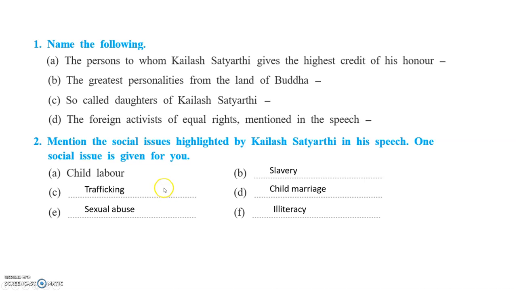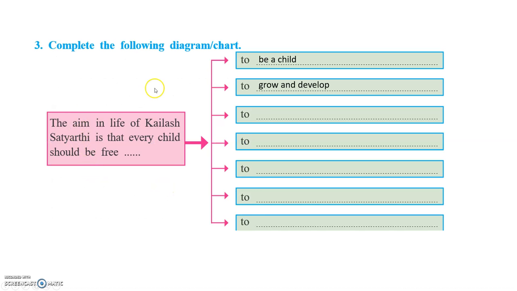Moving on, complete the following diagram or the chart. Now this is very common in almost all of your language papers. These are very simple, children, so you should not make mistakes. You should score your marks here. Now this is directly from your text. The aim in life of Kailash Satyarthi is that every child should be free.